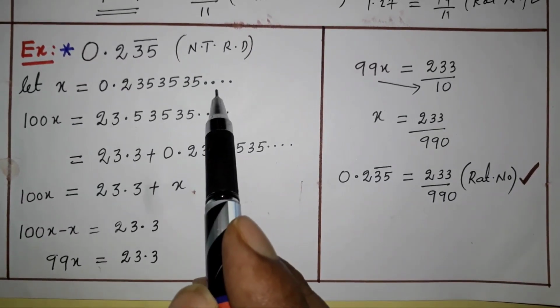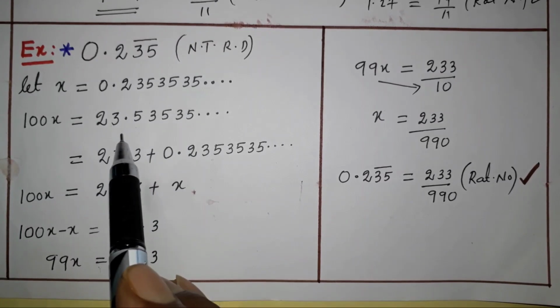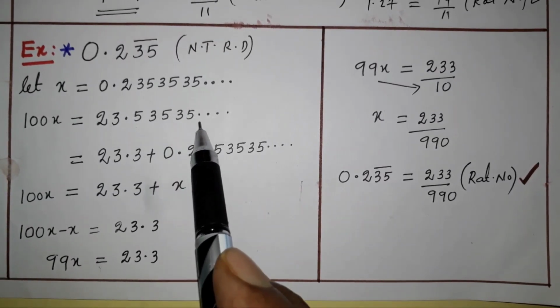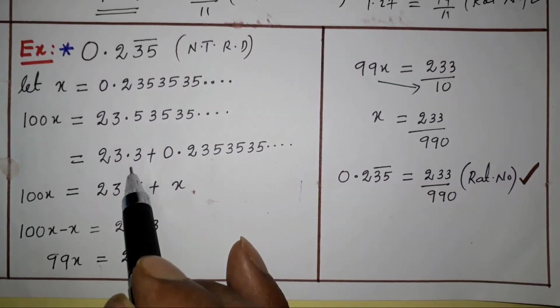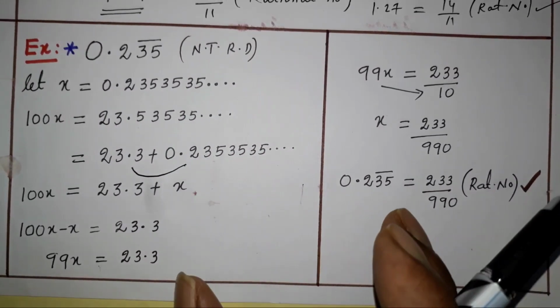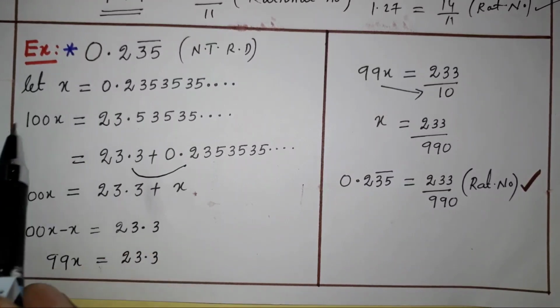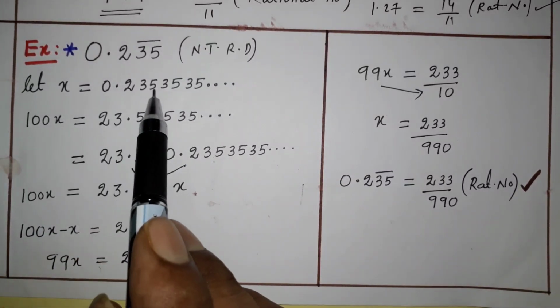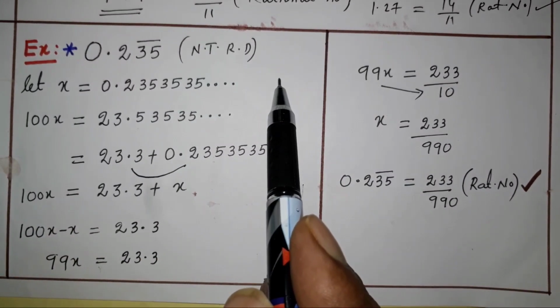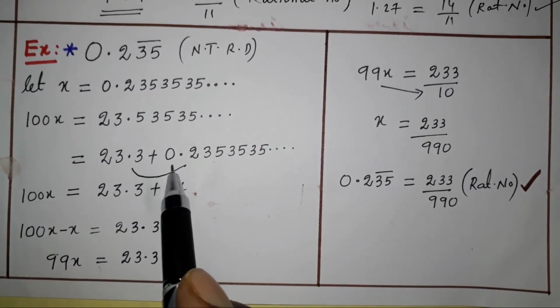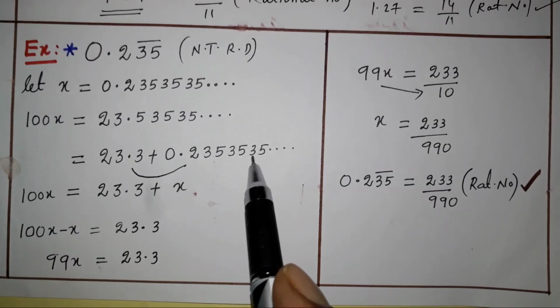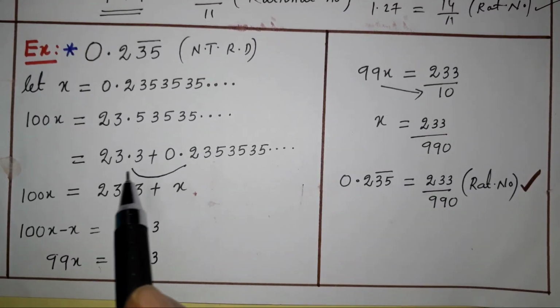If you multiply this by 100, you will get 23.5353, etc. This number you write as a sum of two numbers such that you must get 0.2353535, etc. So how can we write it? 23.3 plus 0.2353535, etc. Then you write 23.3 here.